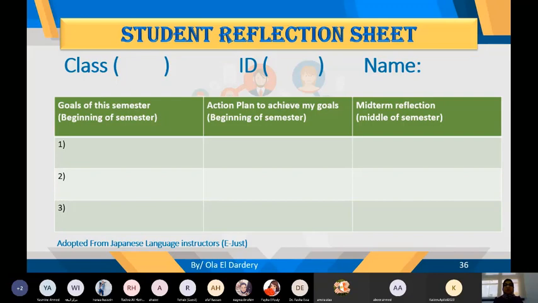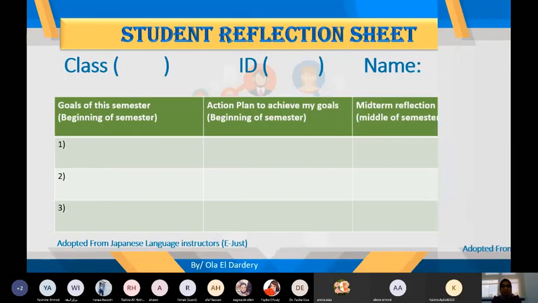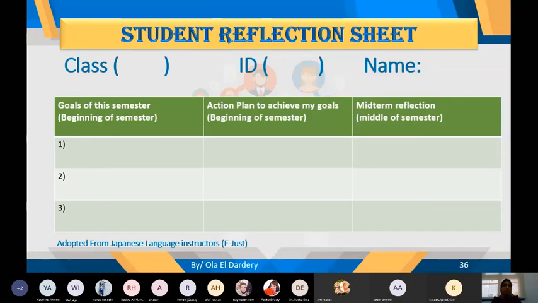So they write the first and second columns at the beginning of the semester, and then in the midterm they have a midterm reflection sheet. This is in the middle of the semester. So at the beginning of the semester, they write the first two columns. In the middle of the semester, they write the last column. Right? And this is something that they do for each course.